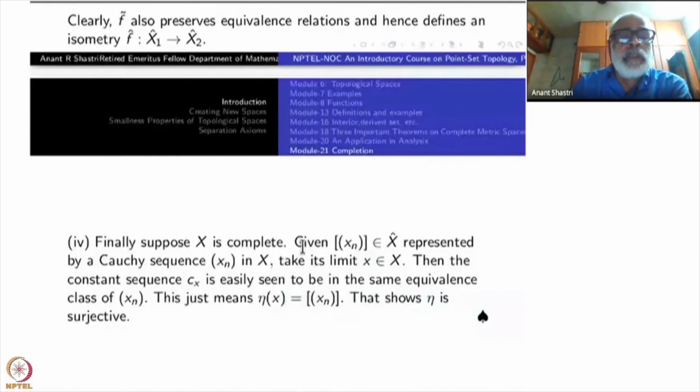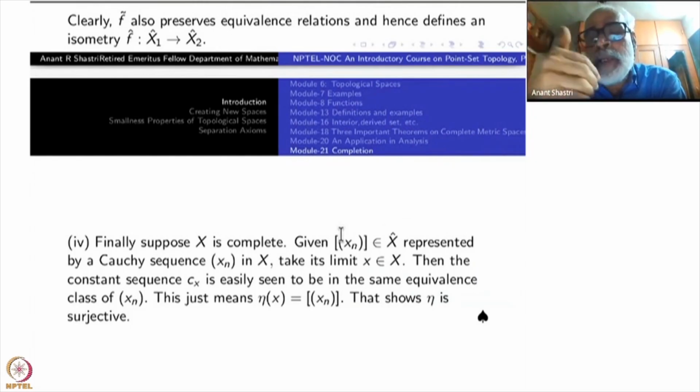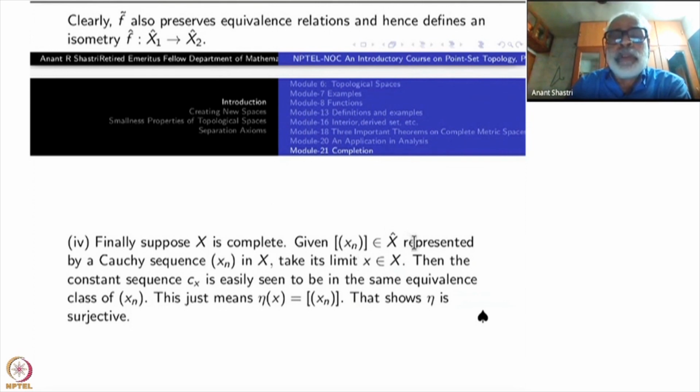Okay. The last one is, suppose X itself was complete. Then I have to prove that this eta is surjective. Then eta itself is an isometry. Okay. So why is it surjective? Take any element of X hat, the class represented by a Cauchy sequence (xn) in X. That is the meaning of X hat, right?